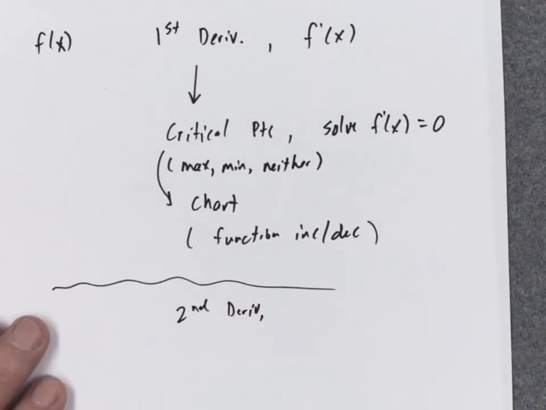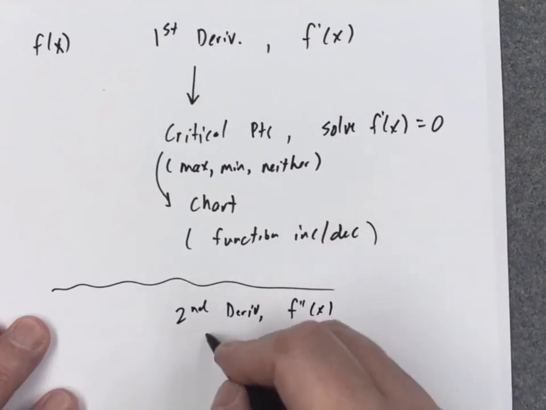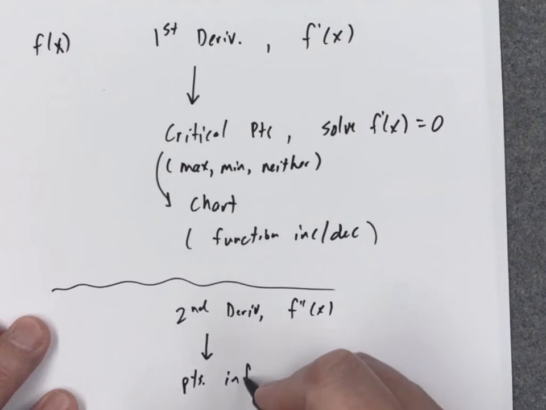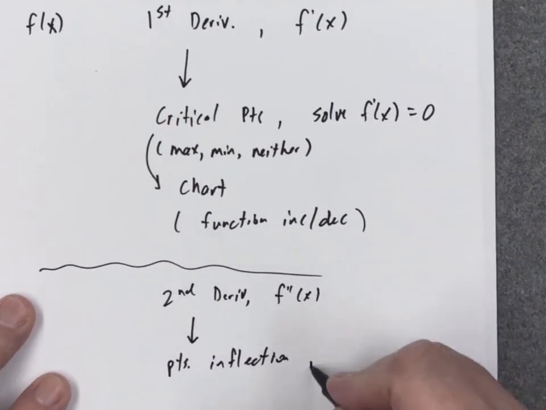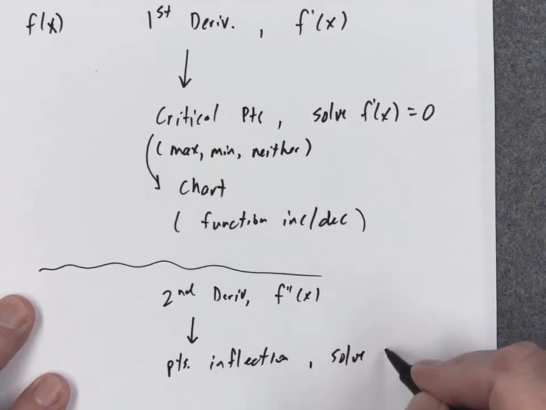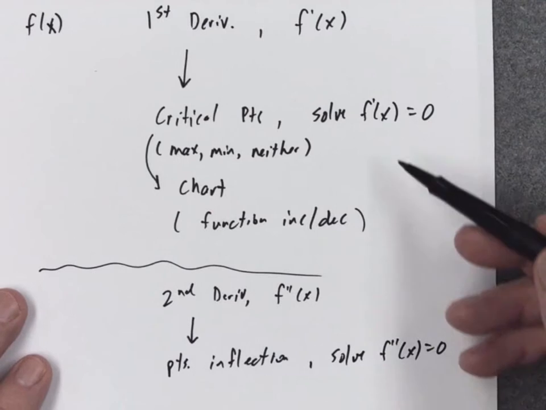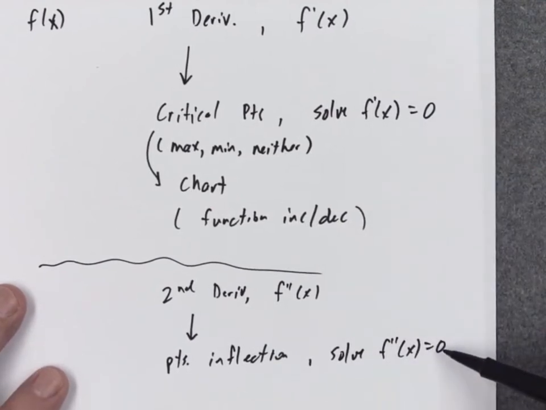We are now going to look at the second derivative. And the first thing we're going to do is determine the points of inflection. And how do we do that? We set the second derivative equal to 0, just like we did the first derivative, except now we're setting the second derivative equal to 0.